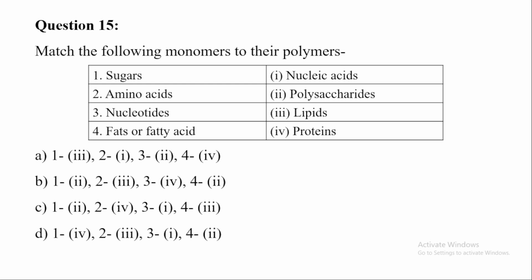Similarly, many amino acids will attach to form a protein. Amino acids get connected by peptide bonds, and many amino acids connected through peptide bonds make up a protein. So protein is the polymeric form and it is made of amino acid monomer units.